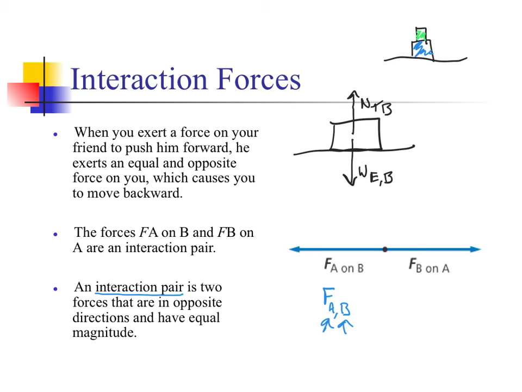Okay, there is a normal force interaction there. The weights of the Earth on whatever are never a Newton's third law interaction. If it's a normal force of the table on the box, as we have here, that's not an interaction. You would actually need to draw a free body diagram for the table on the box.